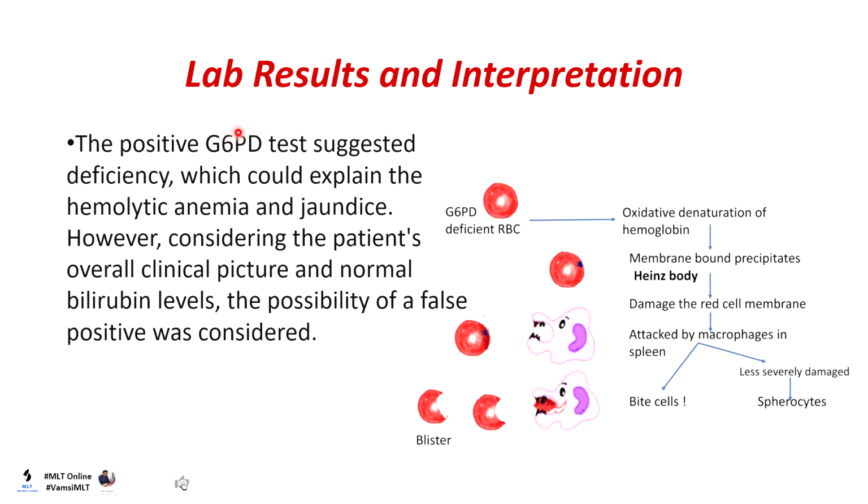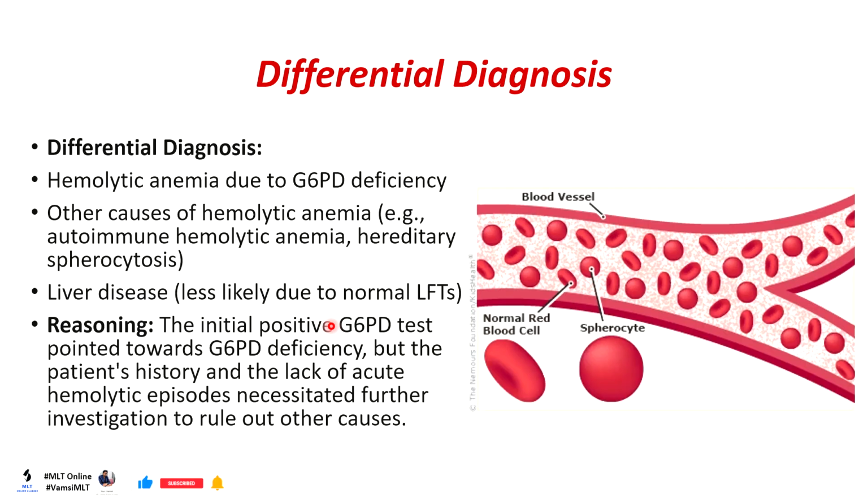The positive G6PD test suggested deficiency, which could explain the hemolytic anemia and jaundice. However, considering the patient's overall clinical picture and normal bilirubin levels, the possibility of a false positive was considered.